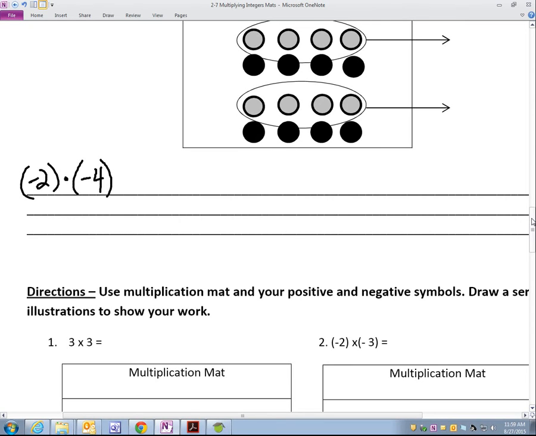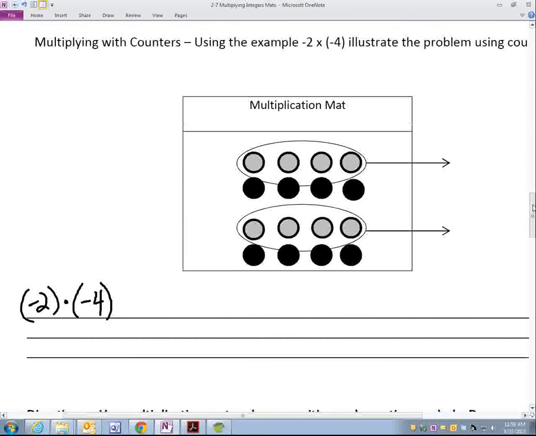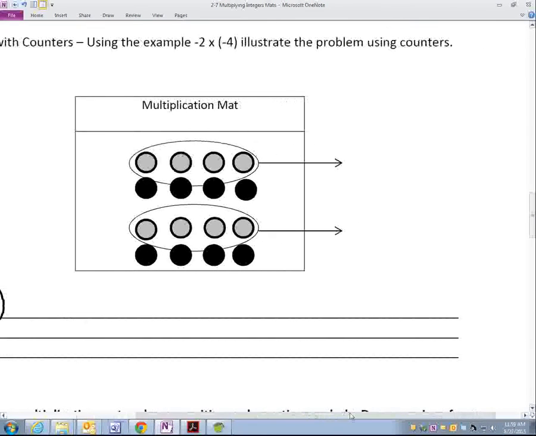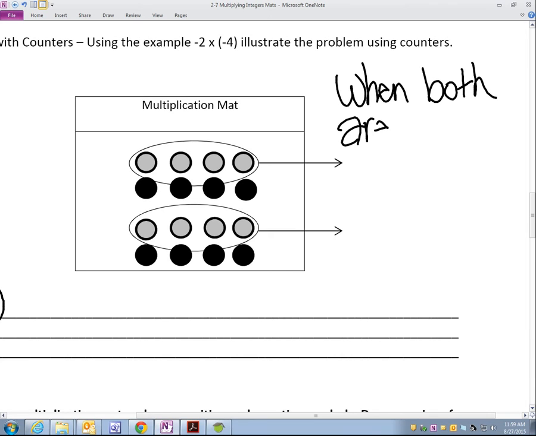Let's do this. Write this. When both are negative, do you know what I mean by both? What am I referring to? Both the numbers, both the integers.